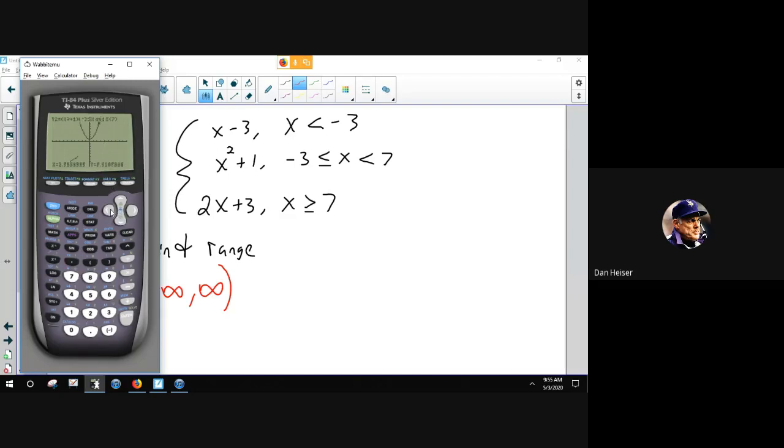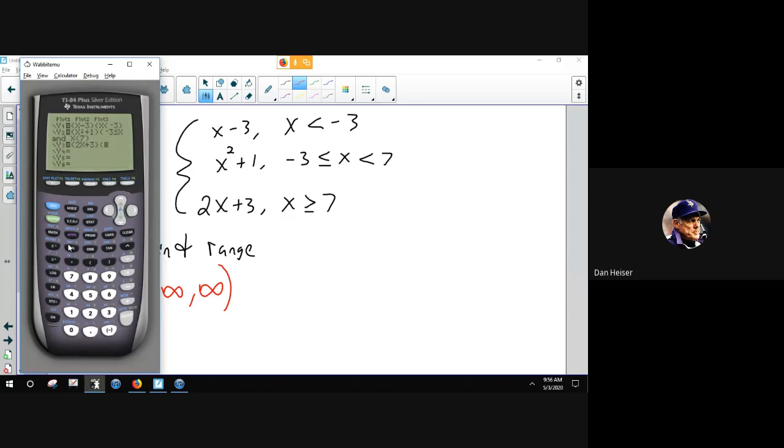So those are the x values. There's the second part of our graph. Notice we have a gap here. There are no y values here. So we may have a gap there. Let's find out if that's going to stay true. 2x plus 3 is our third part. 2x plus 3.